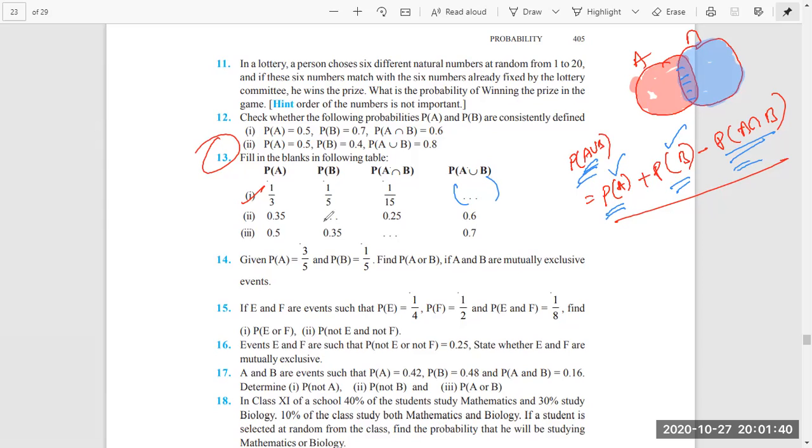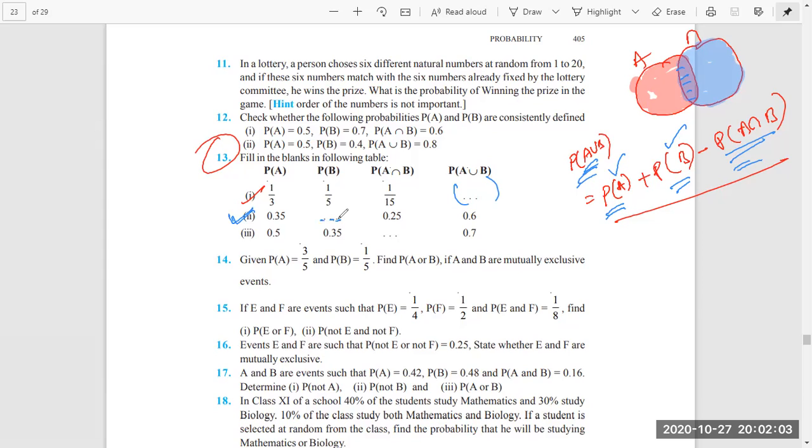And what about the second one? You have to fill this blank.